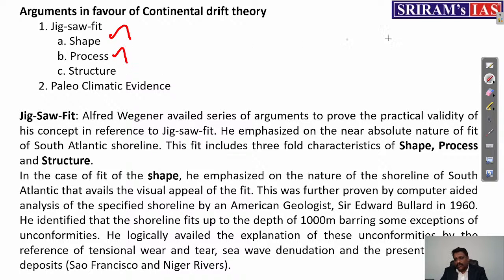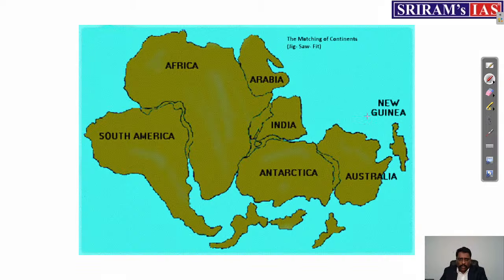Process. For example, assuming that South America and Africa got divided by the process called divergence. I know that wherever divergence is taking place, the commonest feature formed will be a rift valley. You may ask, where is that rift valley? The Atlantic Ocean itself is a rift valley, right?